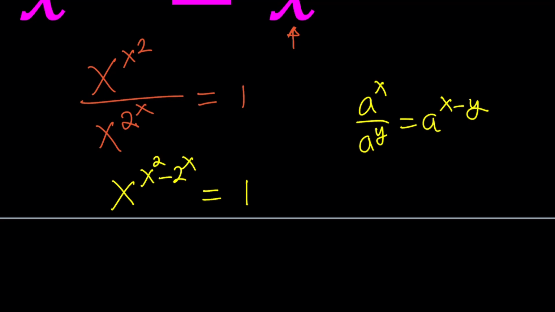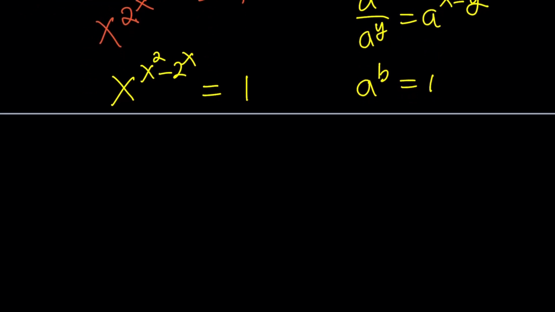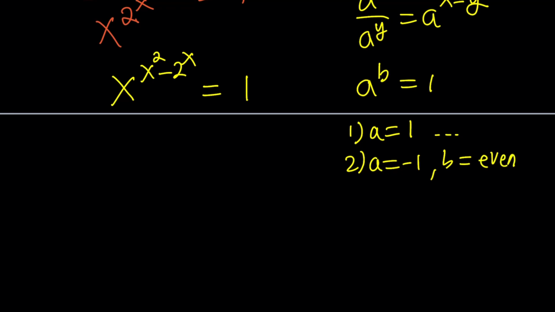It's important to get 1 because we can look at different cases here. If a to the power b is equal to 1, then we'll basically consider 3 different cases for real solutions. First case, a is 1 and we don't really care about b. It can be anything. Second, a is negative 1 and b is even, because negative 1 to any even power is always positive 1.